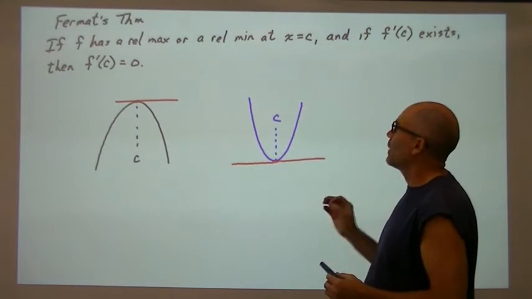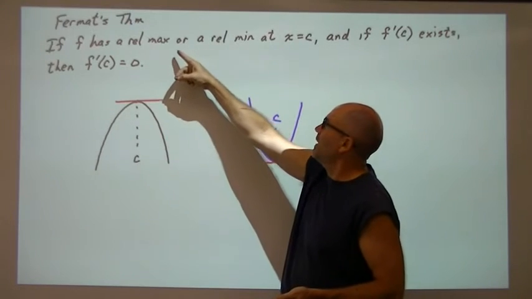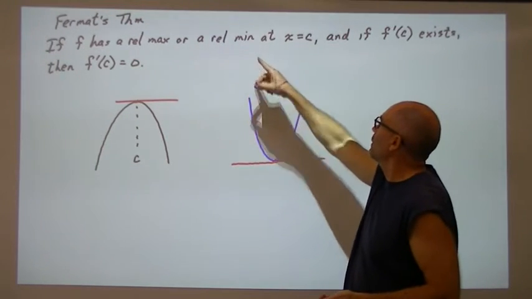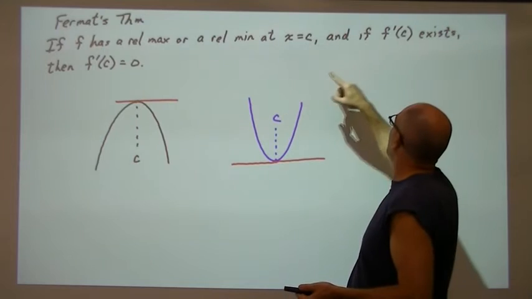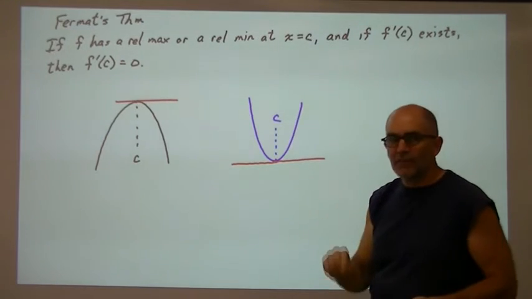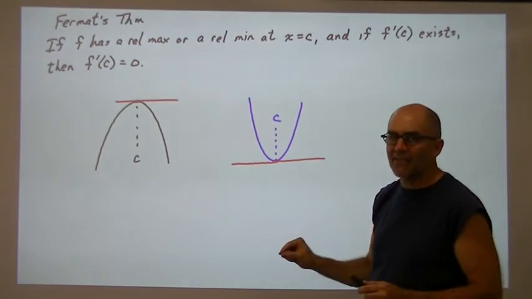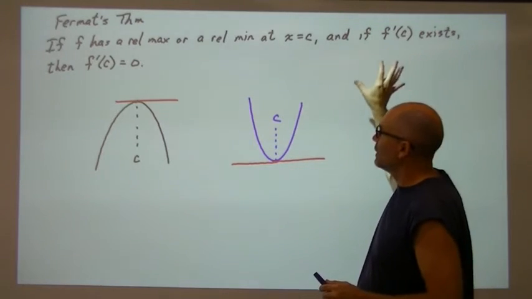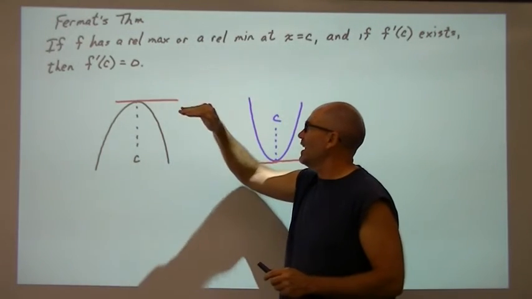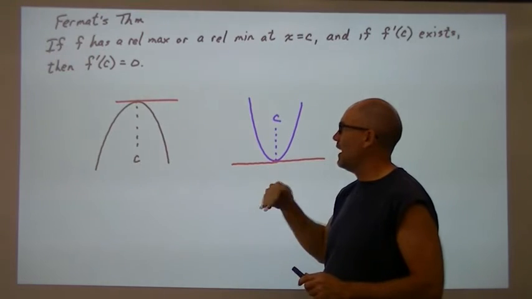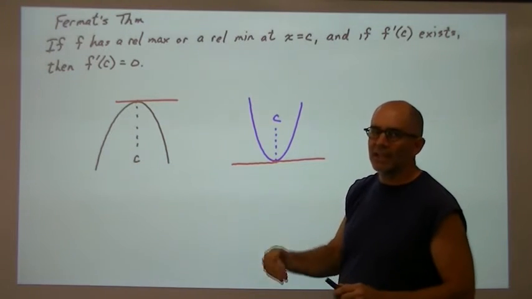So the requirements are there has to be either a relative max or a relative min at some x value, and the derivative must exist at that x value. And if those two things are true, then you're guaranteed that the slope of the tangent, f prime of c, will equal 0.